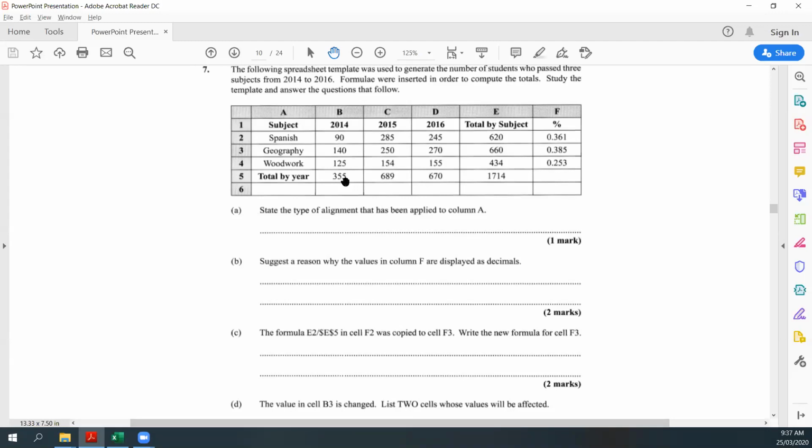Correct, B5 and F3. Another answer would also be E3, because the 5th row is summing the subjects for the year, and the E column is summing a single subject across different years. So any one of those would have sufficed.